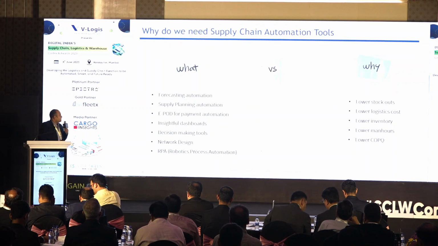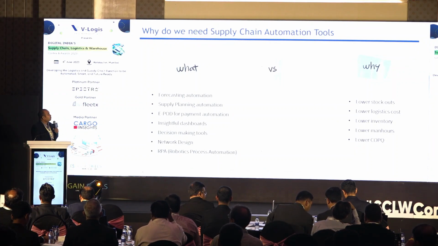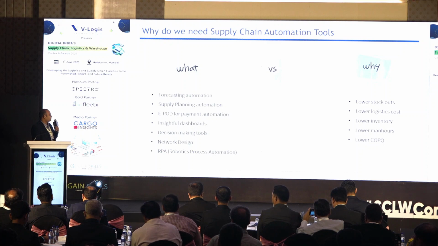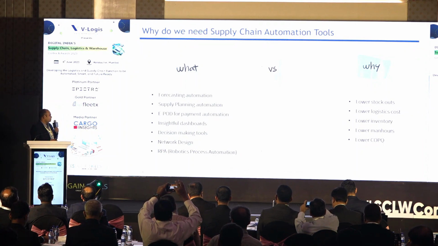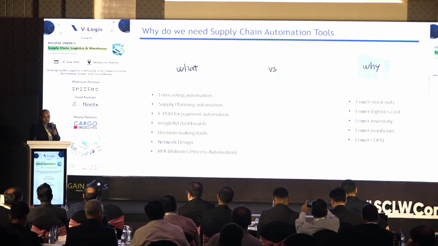Okay, so going back, why we need supply chain automation is more important than what we need in supply chain automation. So instead of looking at, you want forecasting automation, you want supply planning automation, you want EPOD, you want insightful dashboards, you want decision-making tools, you want network design, you want RPA, anything can be done. Instead of that, the first question is, why do you want to do that?